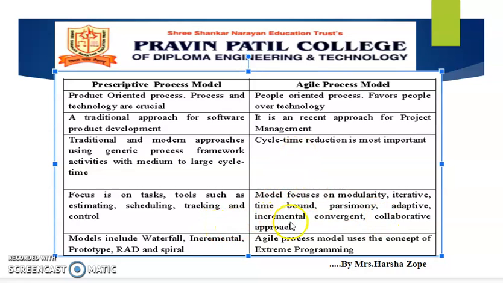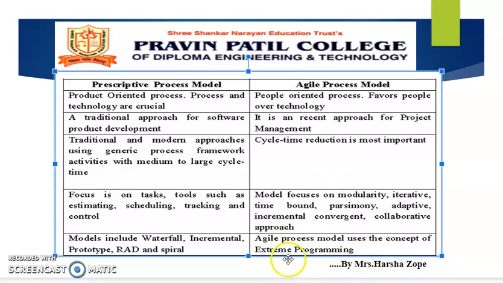While in the agile process model, it focuses on modularity, iterative time bound, parsimony, adaptive, incremental, convergent, and collaborative approaches. The prescriptive model includes waterfall, incremental model, RAD and spiral.